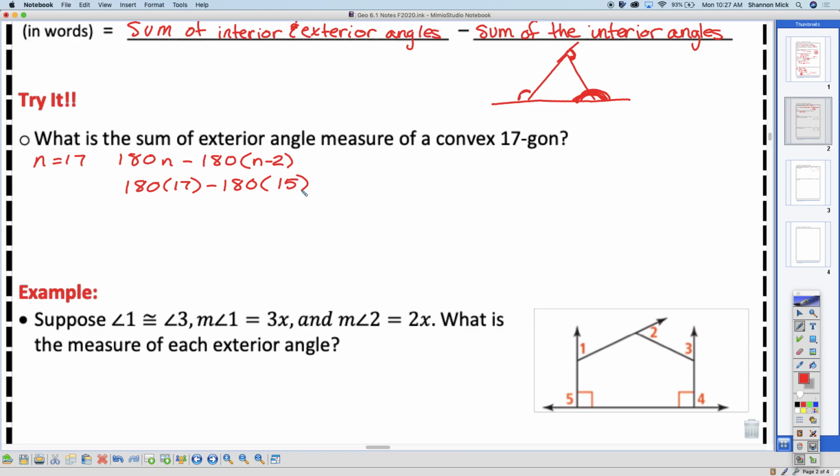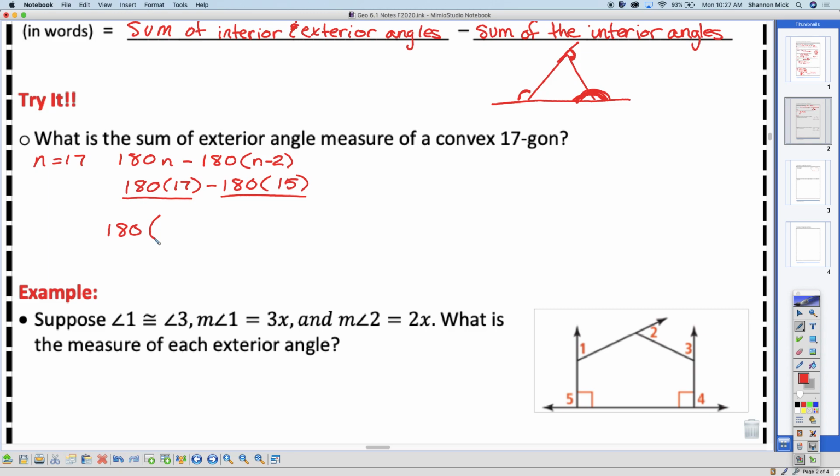Now, I do not want to multiply 180 times 17 and then 180 times 15 and then subtract them, do you? Okay, you see a 180 in both. This is one term right here, and this is one term right there, correct? So I'm going to factor out a 180 because they have it in common.